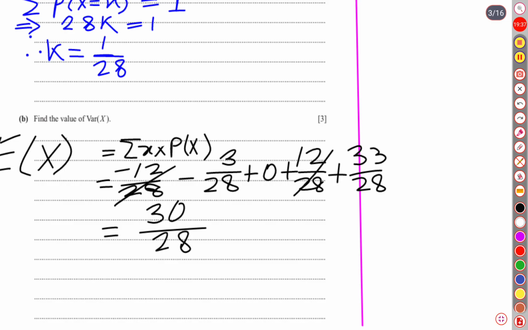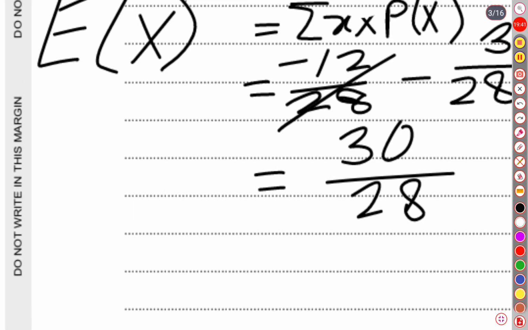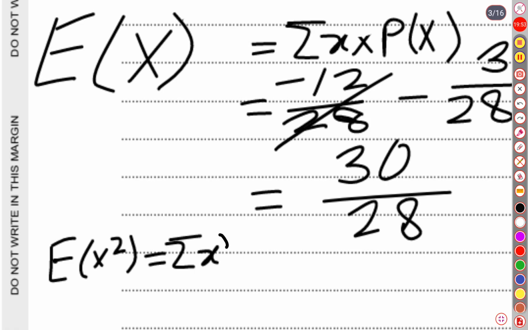Now we will find our E of x squared. E of x squared is equal to E of x squared, and the formula as I have written is the sum of x squared into probability. That means corresponding probability. Okay, so what is it going to be?